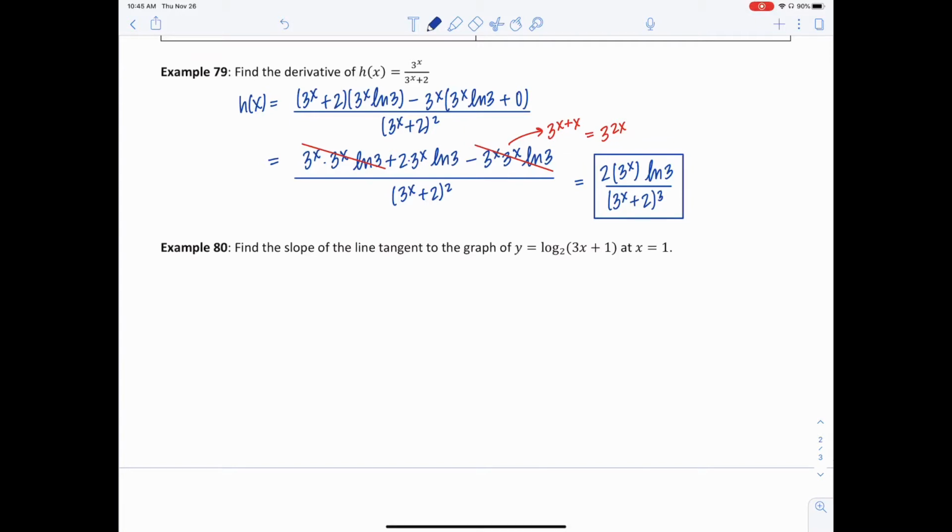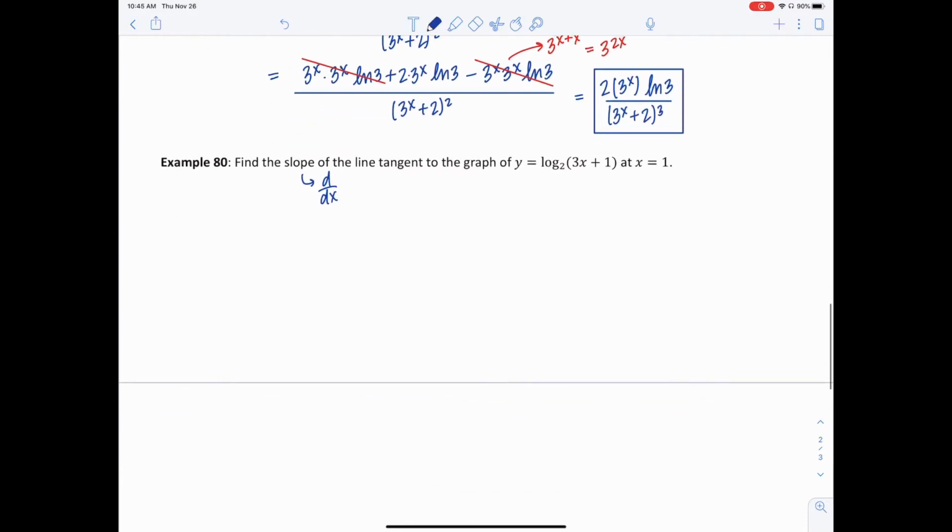All right, the last one is finding the slope of the tangent at x equals 1. So it's just asking the slope, it's not asking for the equation, and remember, slope is just another way of asking for the derivative, and it tells you the value to plug in.